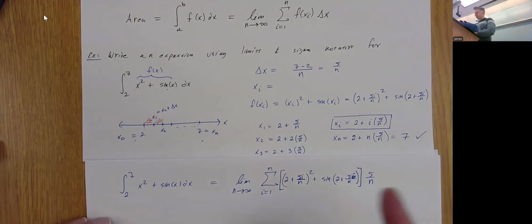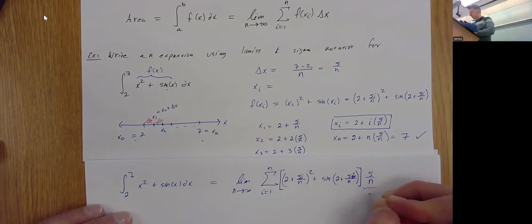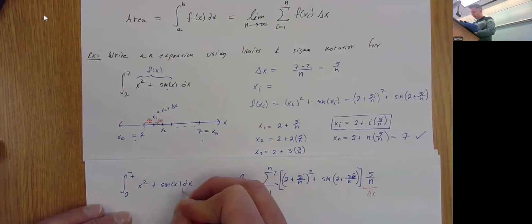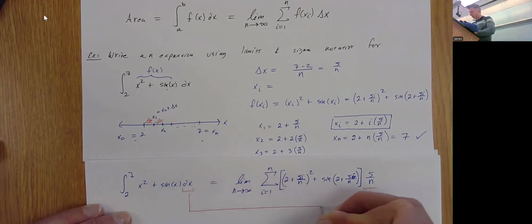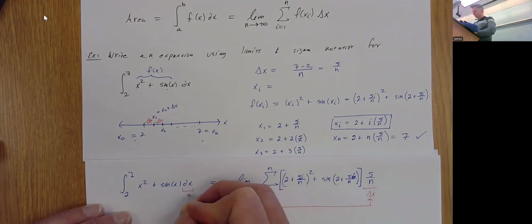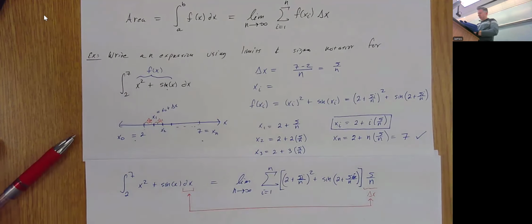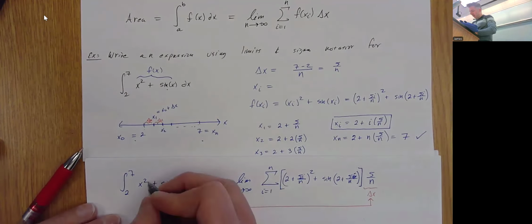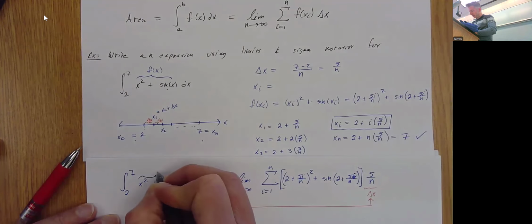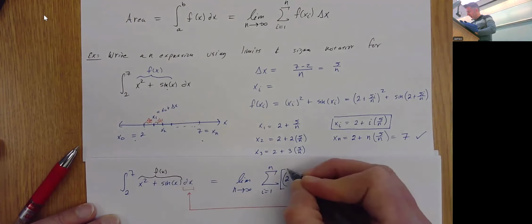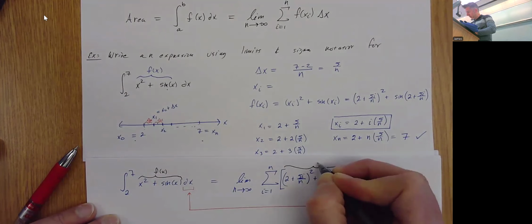So the delta x and the dx are kind of playing the same role. They're kind of like the width of your subinterval, and the f of x and the f of x sub i are playing the same sort of role.